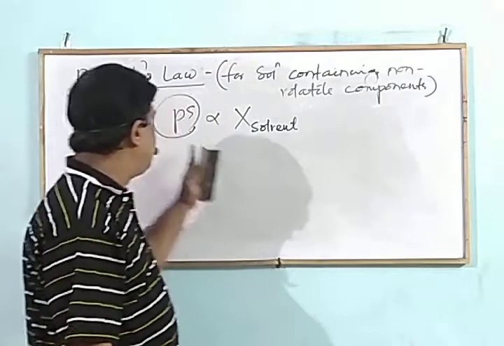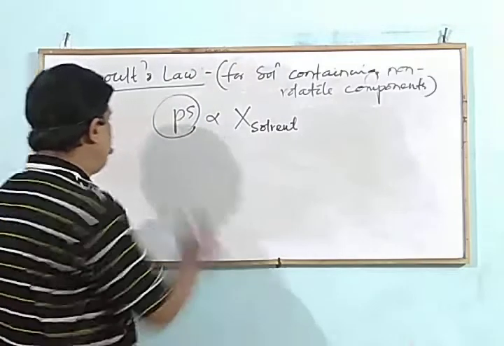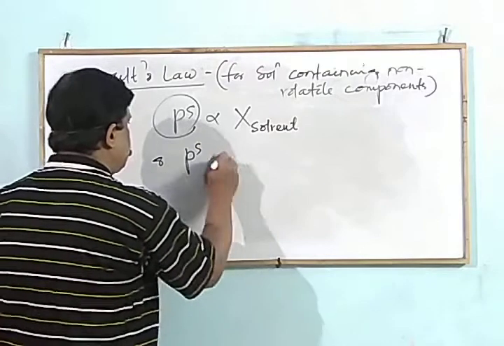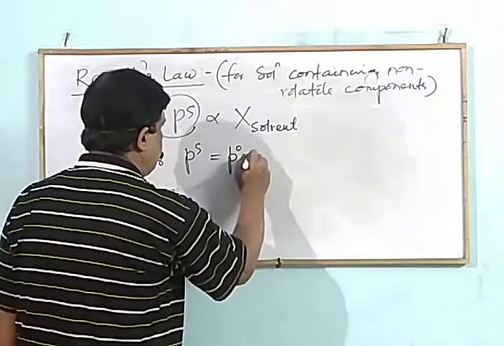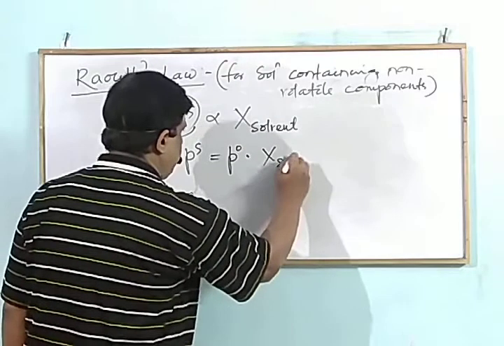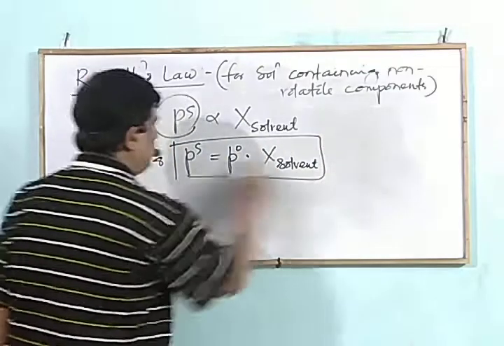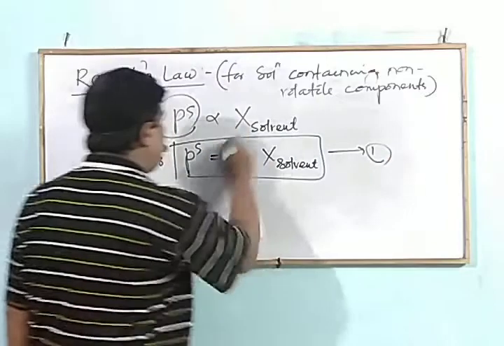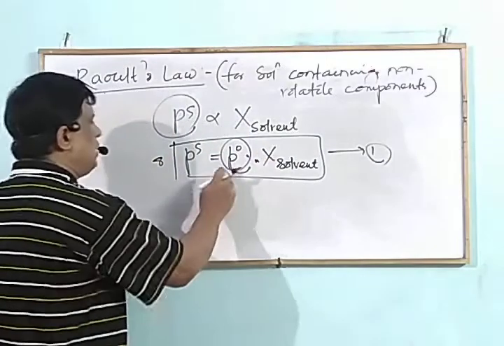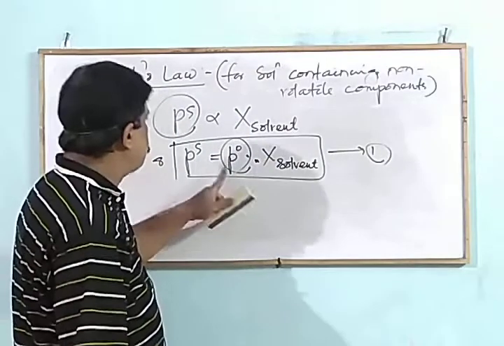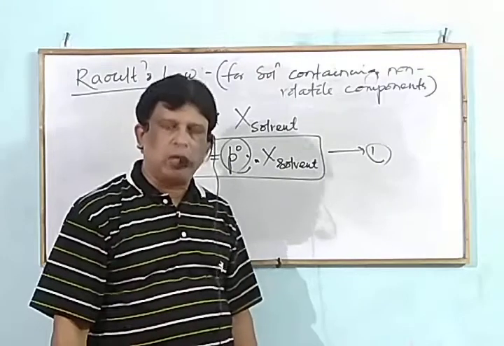Then PS proportional to X solvent, or PS is equal to P naught into X solvent, where P naught is a proportionality constant, which is known as the vapor pressure of a pure solvent.